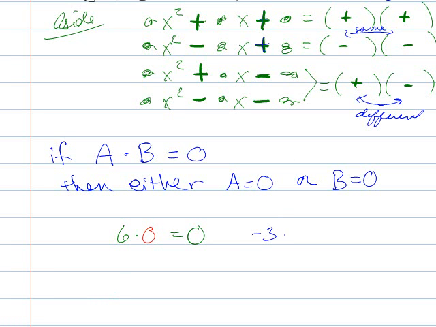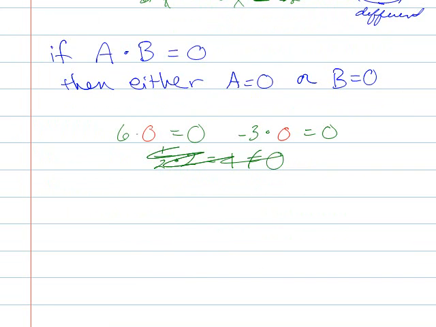Negative 3 times what is 0? 0. It doesn't matter what you're multiplying. The only way to get a 0 is to actually multiply by a 0. Even if I had 1/2 times 2, remember that's 1, not 0. Now, 0 is really special. 0 is the only term that works like this.